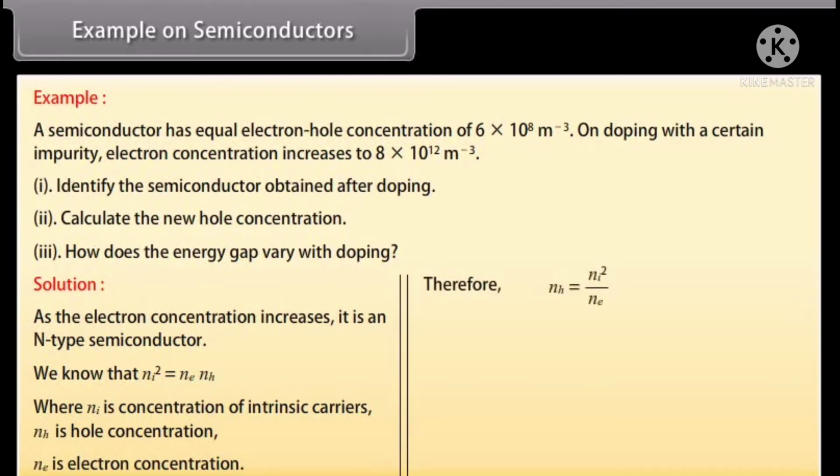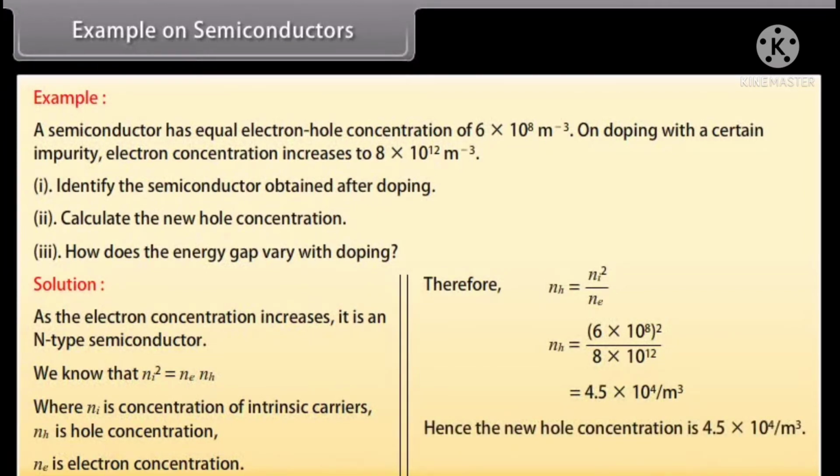Therefore, Nh is equal to Ni square divided by Ne. On putting the values, we get Nh is equal to 4.5 into 10 raised to the power 4 per meter cube. Hence, the new hole concentration is 4.5 into 10 raised to the power 4 per meter cube. With the doping, the energy gap decreases.